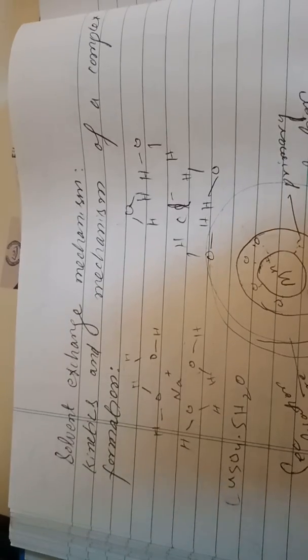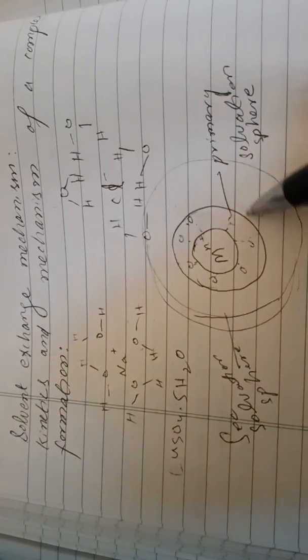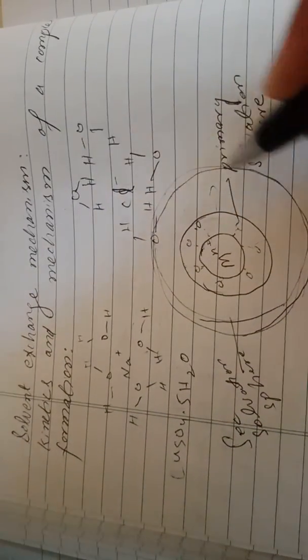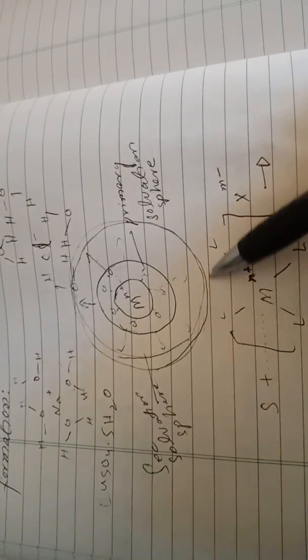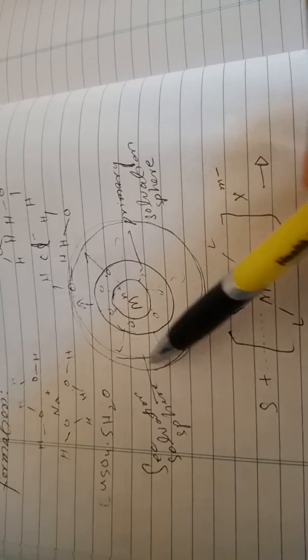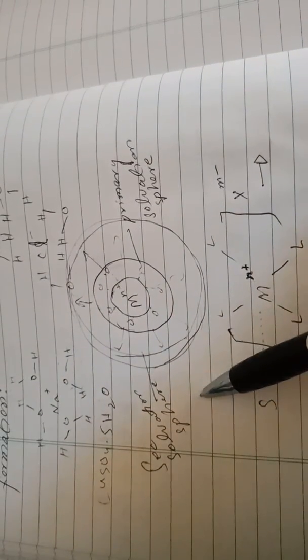This bond formed by the solvent molecules which are directly at the surface of the metal ion is known as the primary solvation sphere, whereas this primary solvation sphere produces a polarization effect that spreads outward, making other solvent molecules organize in a sphere known as the secondary solvation sphere.